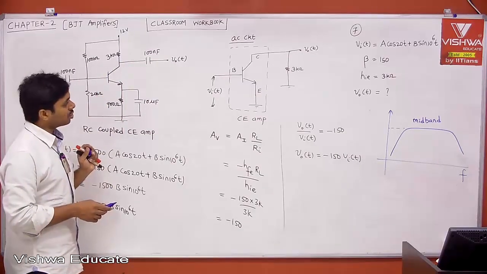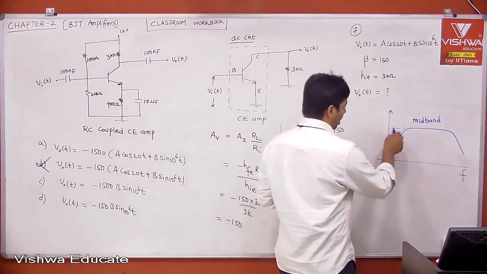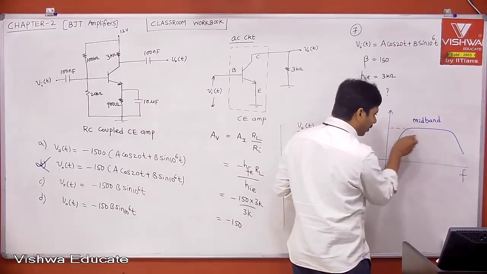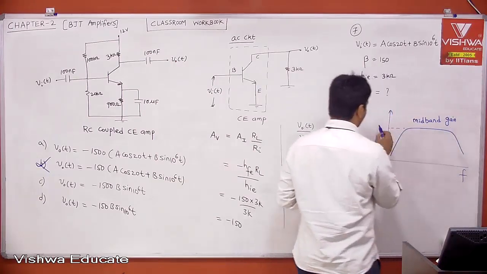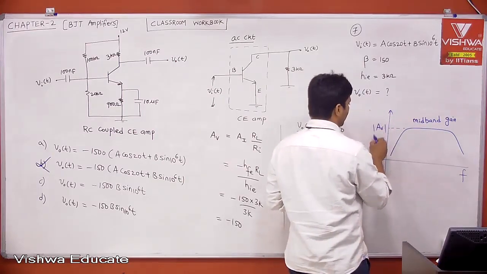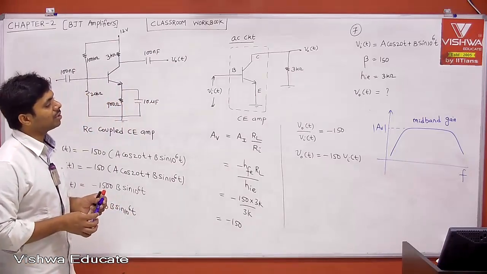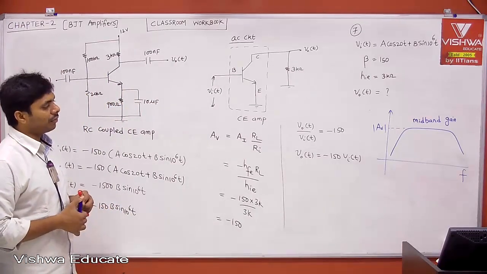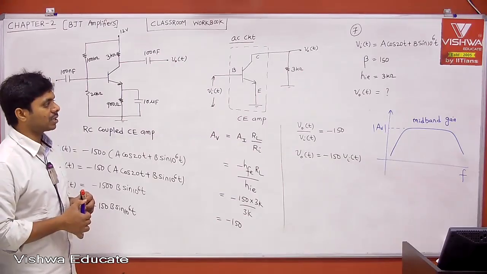When all capacitors are short circuited, only then we got the AC circuit. Means all capacitors are short circuited from the lower cutoff frequency onward. Therefore, this is the mid-band voltage gain which we calculated. If that is the scenario, it cannot amplify low frequency signals, and it cannot amplify very high frequency signals.